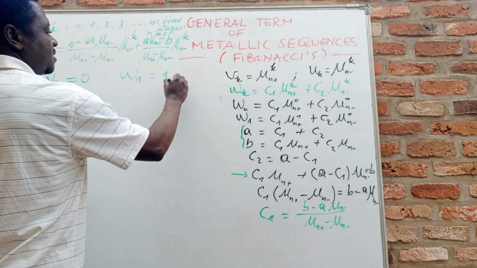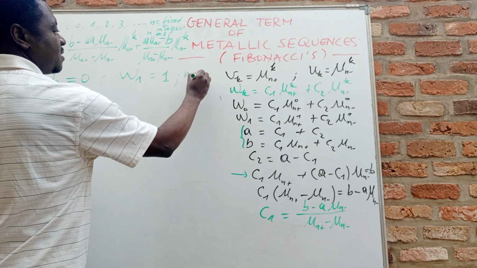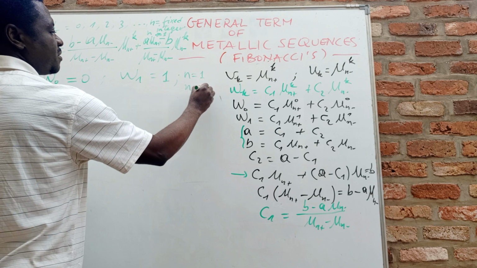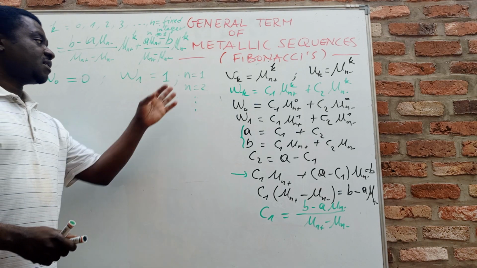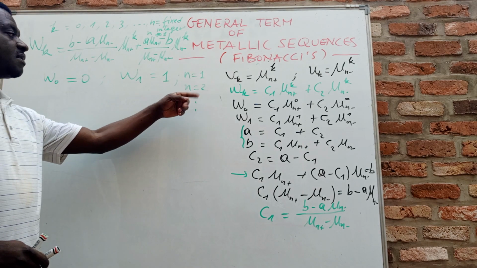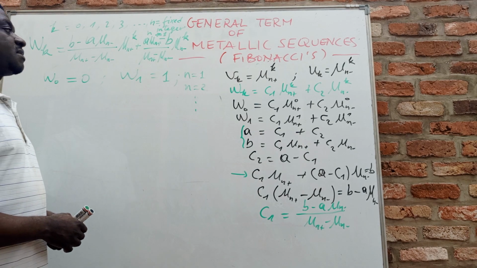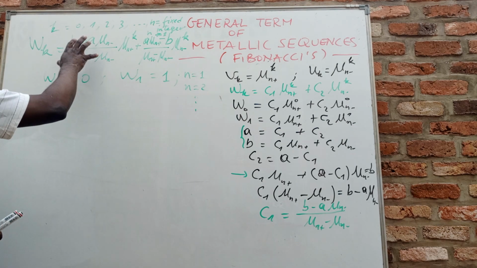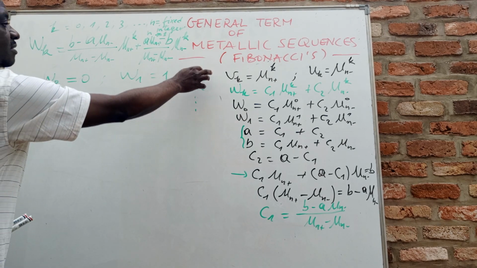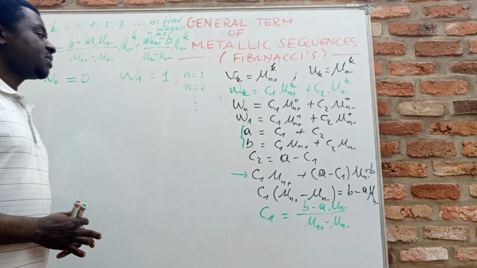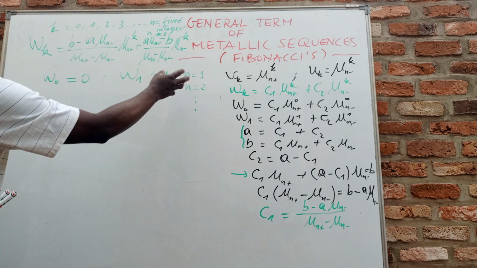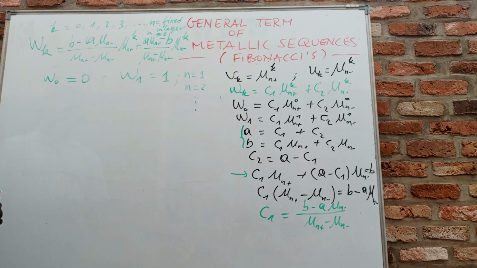So we consider two cases, n equal to 1 or n equal to 2, for example, and so on. With n equal to 1, this is the golden sequence, and n equal to 2 is the silver sequence. And in the most general case, these golden and silver sequences become general golden or general silver sequences.